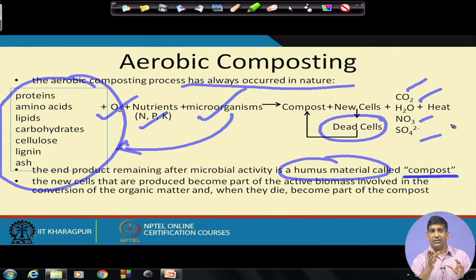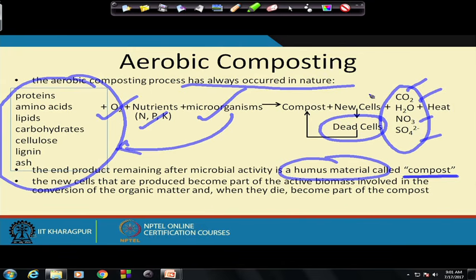That is why, many times in compost systems, especially in the summer months, we have an issue of compost piles catching on fire. Usually none of these gases will actually catch fire that easily, but they do catch fire because there will be some pockets of anaerobic activity going on, and so some methane will be produced.